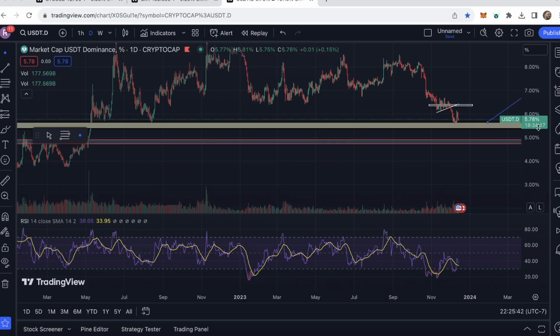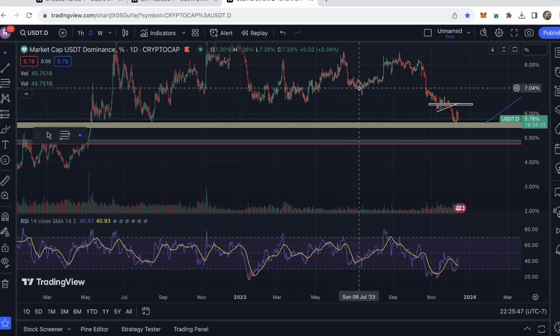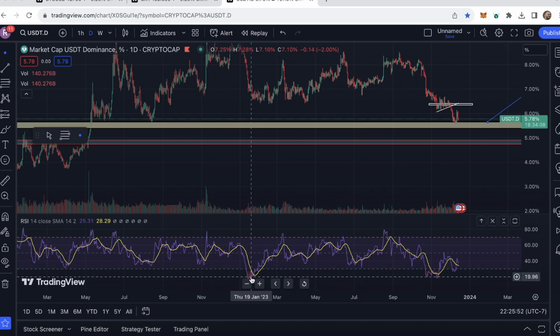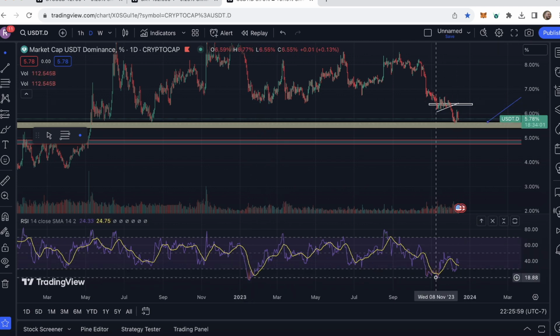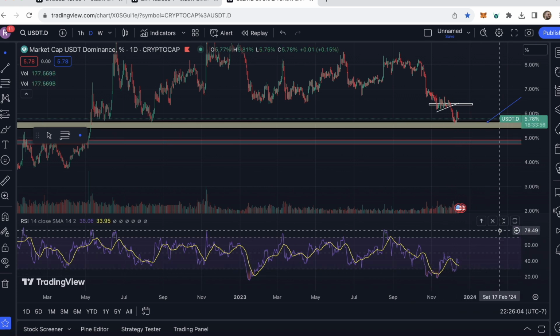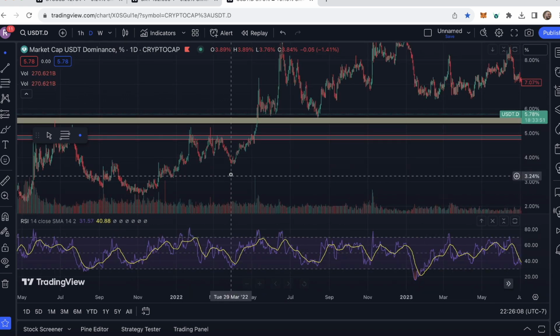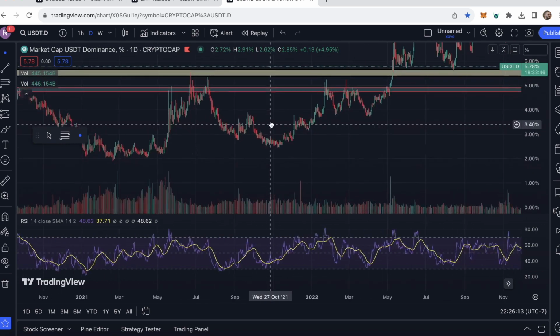So that means there's going to be a reversal in the direction of the charts. As you can see in here, it started going back up and it got out of this level. We recently went to the red area, and now we see that the RSI is rising. Last time the same thing happened. It started going up and we started seeing a sell-off, right? I hope it all makes sense.